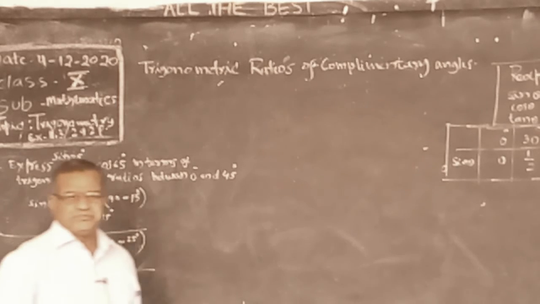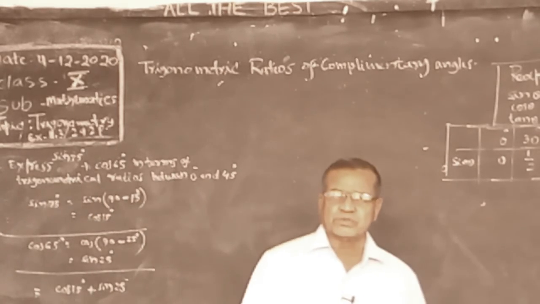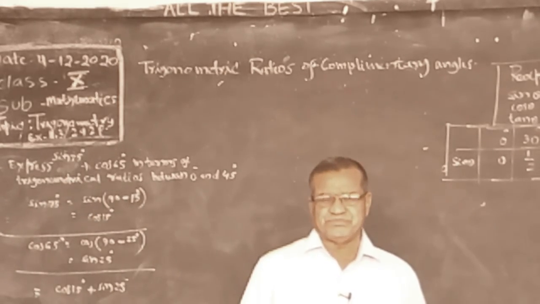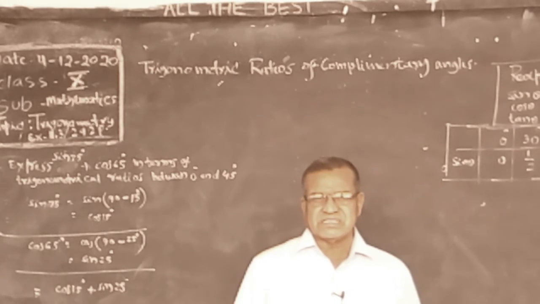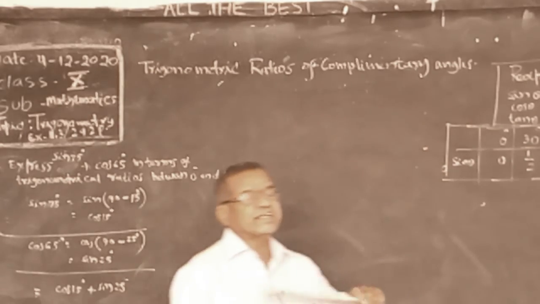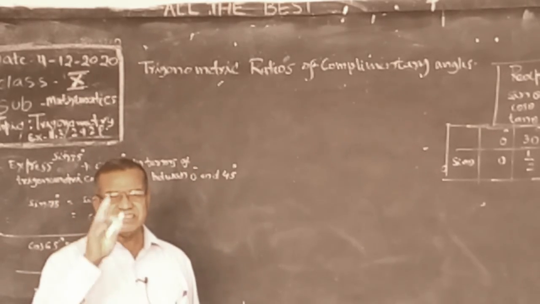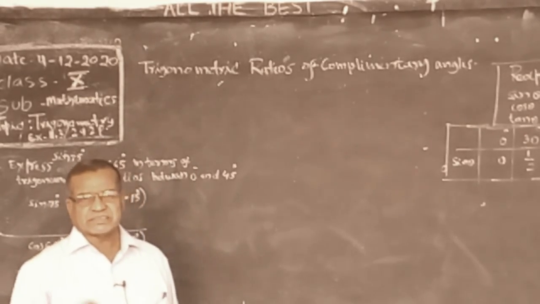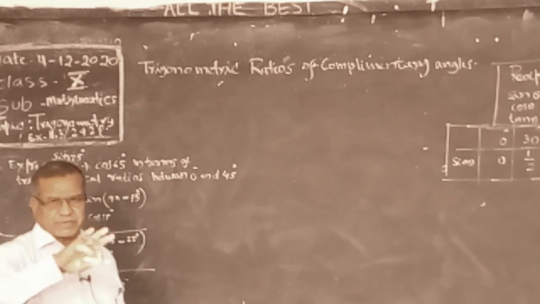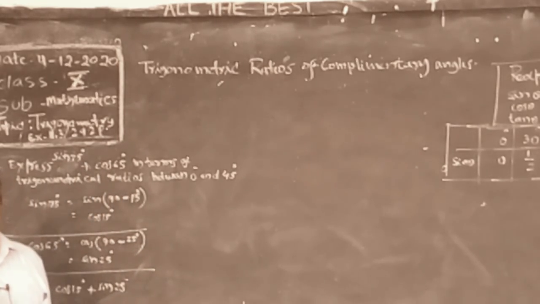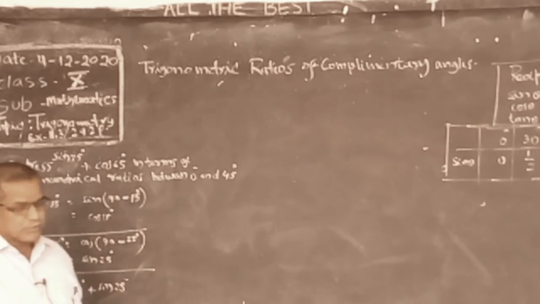Sec 60 degrees is the same as cosec 30, because we subtract from 90, 90 minus theta. So like that, please practice all examples.